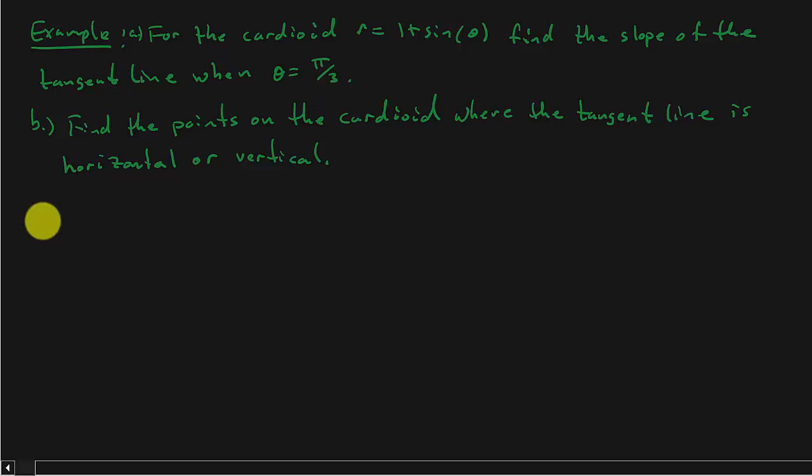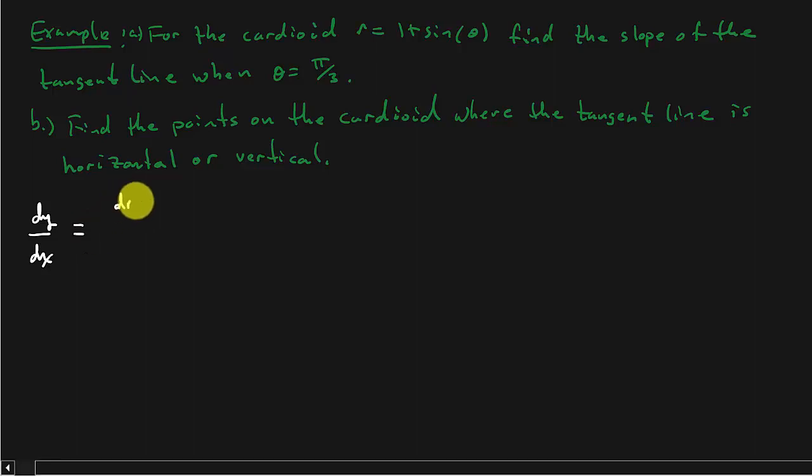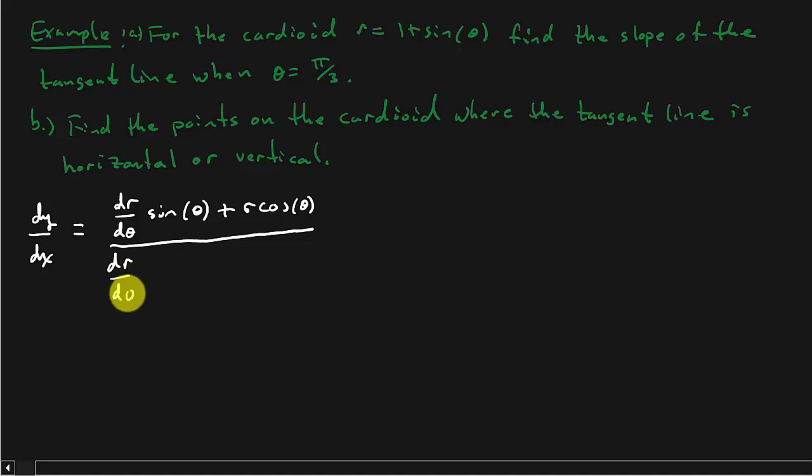All right, so I've got dy/dx equals, and I'm just going to copy down the formula again. So I've got dr/d theta times sine theta plus r cosine theta over dr/d theta times cosine theta minus r sine theta.